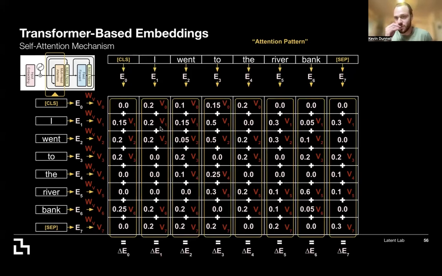And so finally, to update those initial embedding vectors that we have, we sum across these columns to add together all of these rescaled values in the column to create a change we want to add to the original embedding vector.